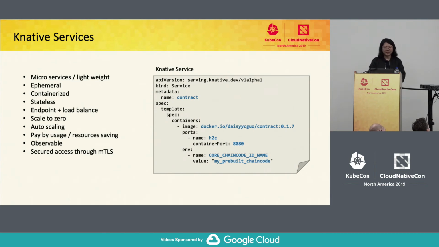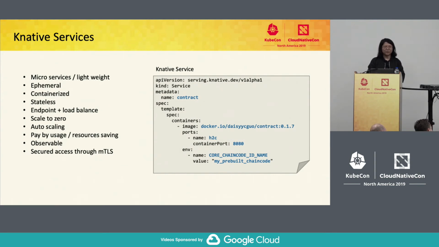There are some characteristics of Knative service which fit smart contracts quite well. For example, they are both lightweight. They are small tasks. They will terminate in a short time, and a Knative service is containerized and stateless.